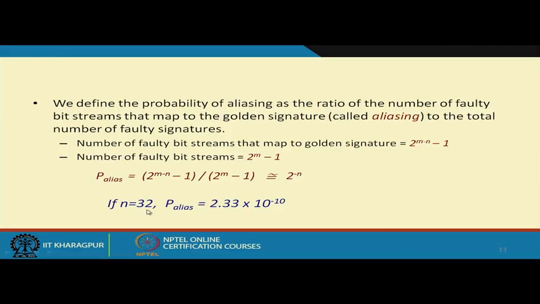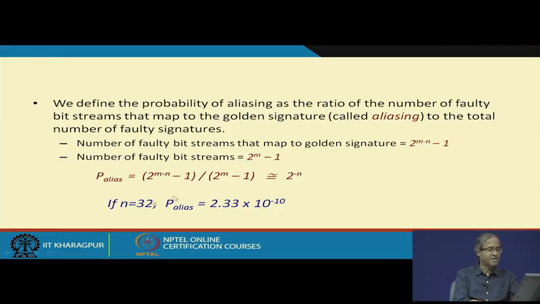So, let us take an example of a 32 bit LFSR. If n is 32, how much is 2 to the power minus n? 2.3 into 10 to the power minus 10. So, this is the probability with which some fault may occur, but it will go undetected. But 10 to the power minus 10 is really a very small number.